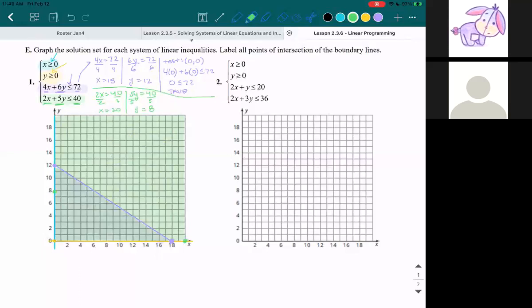Then we have to see if we want to connect it with a dotted or a solid line. We have less than or equal to, which means solid. So let's go ahead and connect those with a solid line. Sorry, let me move that a little bit.